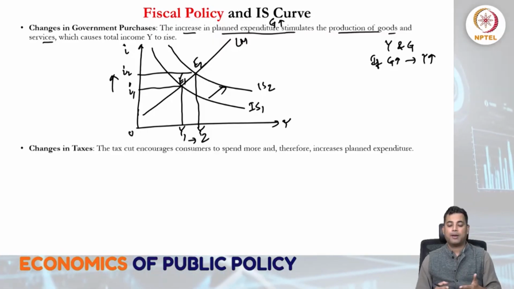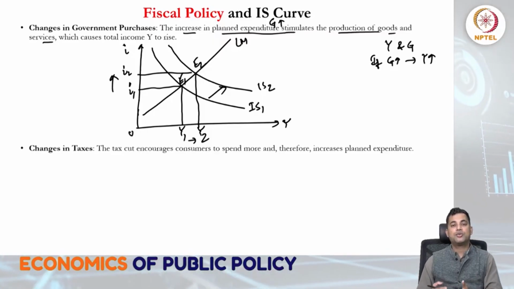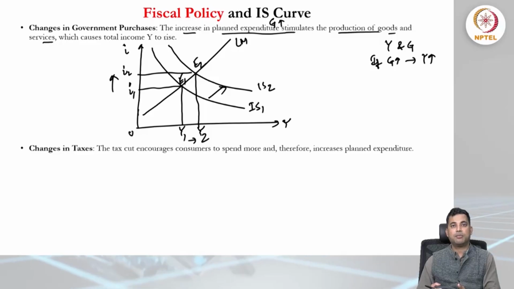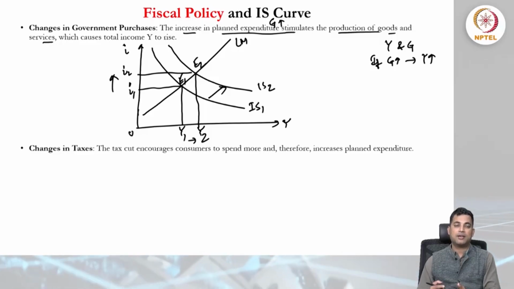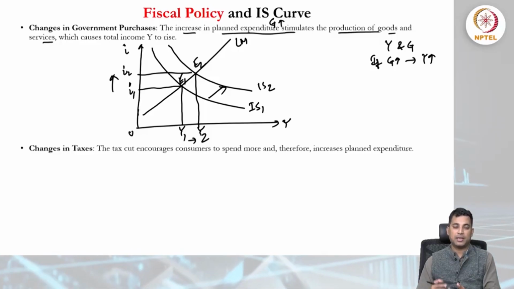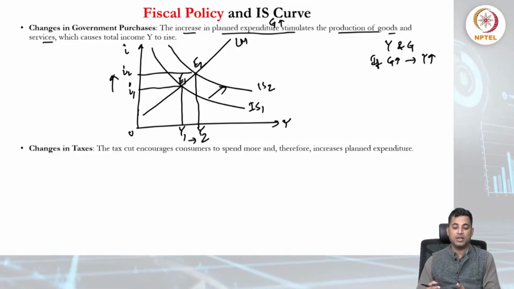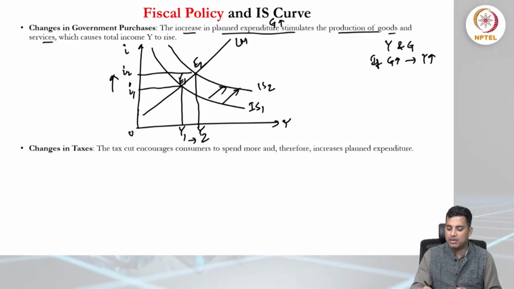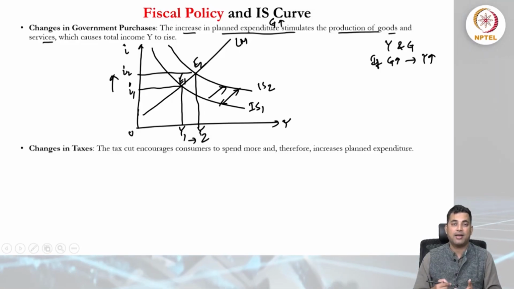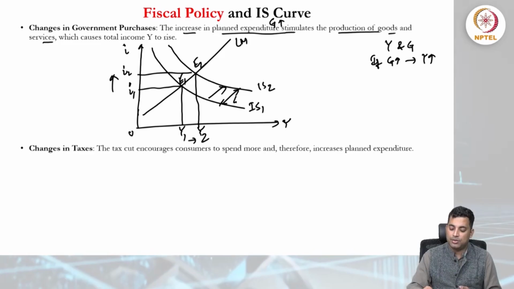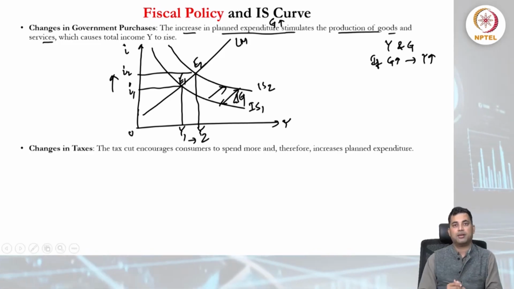This is the situation of simultaneous equilibrium considering fiscal and monetary policy, and in this case the change between IS1 and IS2 is due to the change in government expenditure, right?